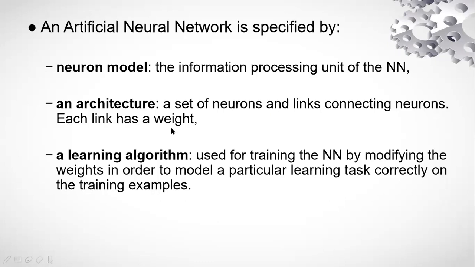Each link has a weight. So that forms the architecture. Again, we are going to learn it in detail. Next, the learning algorithm. Why are we using a learning algorithm? It is used for training the neural network by modifying the weights in order to model a particular learning task correctly on the training examples.